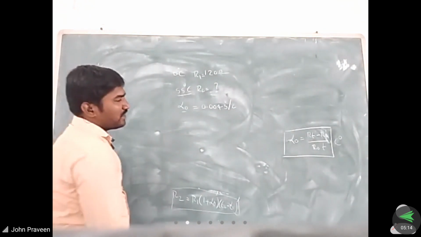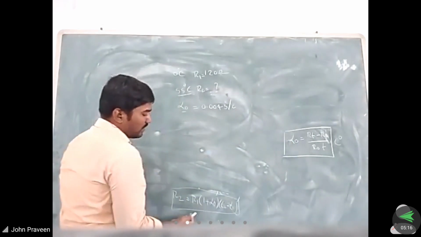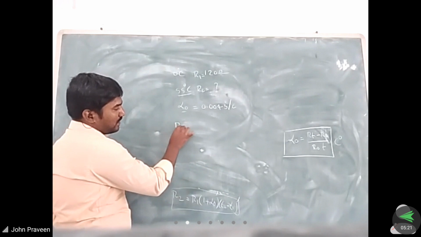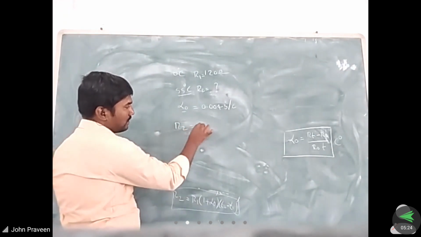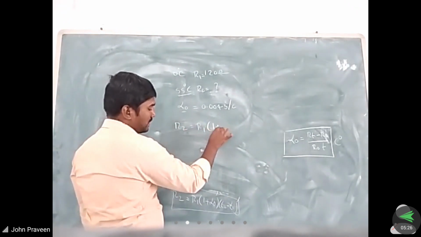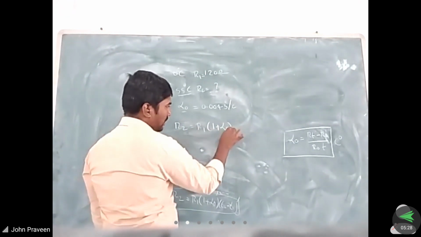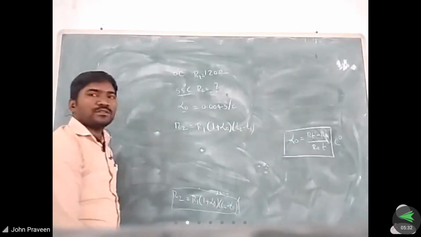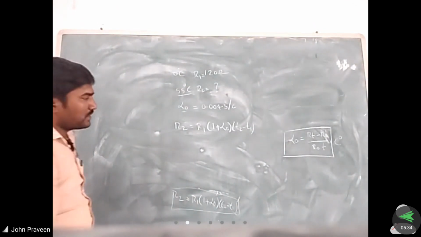So, of these two formulas, the formula used for the resistance calculation is this one. Therefore R2 is equal to R1 of 1 plus alpha naught of T2 minus T1. So this is the formula we are using here.